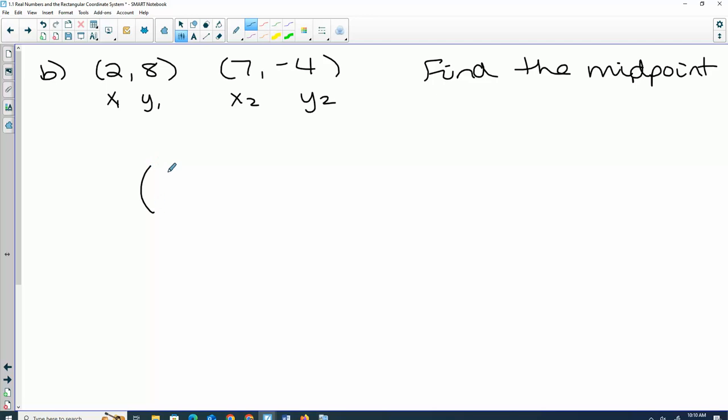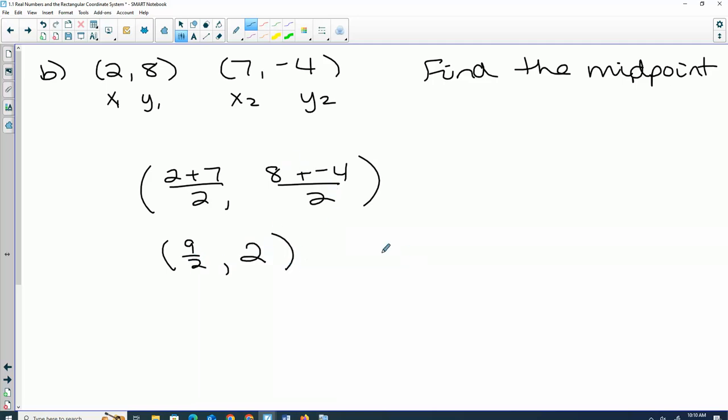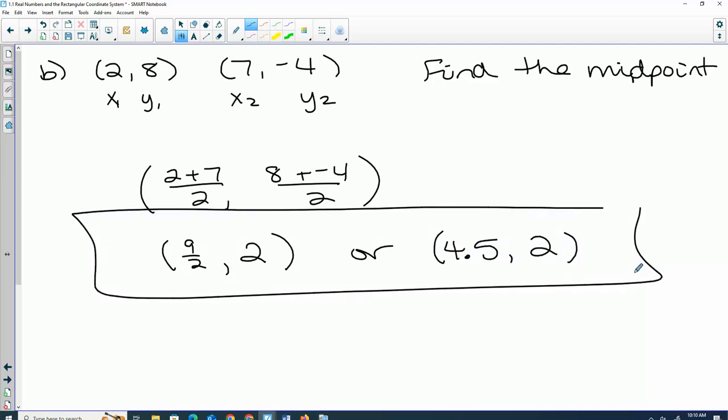Midpoint says you add your x's, divide by 2, add your y's, divide by 2. So we get 9 over 2, and 4 over 2 is 2. Or if you wrote it as 4.5 comma 2, that is also okay. Either a fraction in lowest terms or a decimal is fine. Any issues with that?